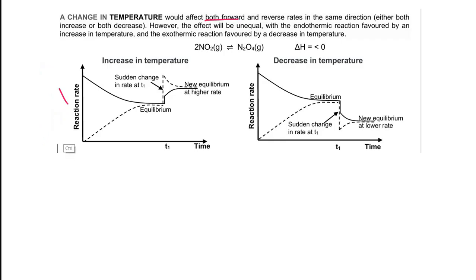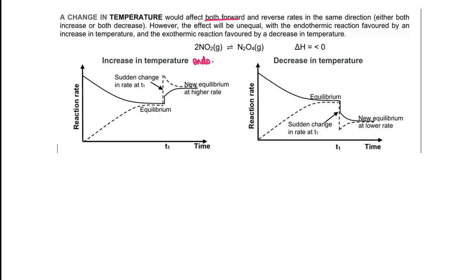Okay, so now what we see here is that if we increase temperature, remember, an increase in temperature is going to favor the endothermic reaction. So here is what we have. We have reached equilibrium again.